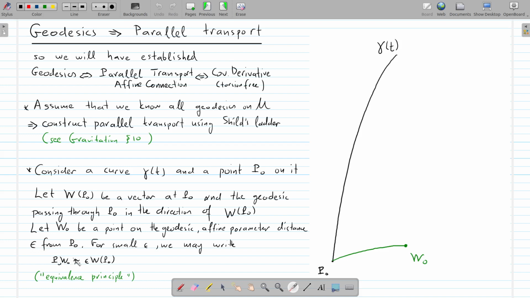So we can write down, not in a very rigorous way, that P0W0 is equal to epsilon times W at the point P0. If you're not very happy with it, think as a physicist and in terms of the equivalence principle, where vectors and line segments are identified in a flat space. So this is approximately true infinitesimally close to P0.